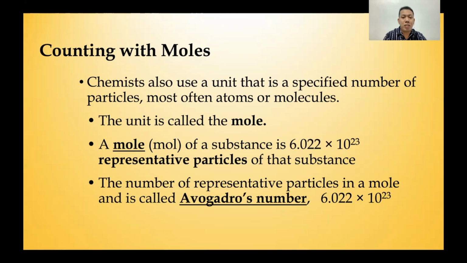It could be an atom, or a molecule of, let's say, carbon, sulfur, or any element. The number of representative particles in a mole is called Avogadro's number, which is equivalent to 6.022 times 10 to the 23rd. So the unit could be 6.022 times 10 to the 23rd atoms or 6.022 times 10 to the 23rd molecules, and so on and so forth.